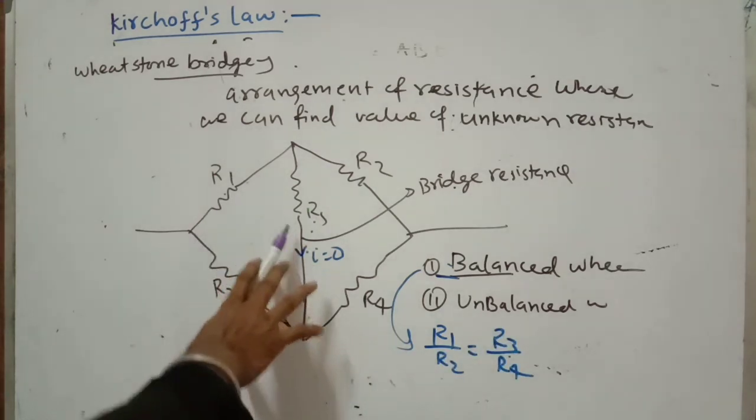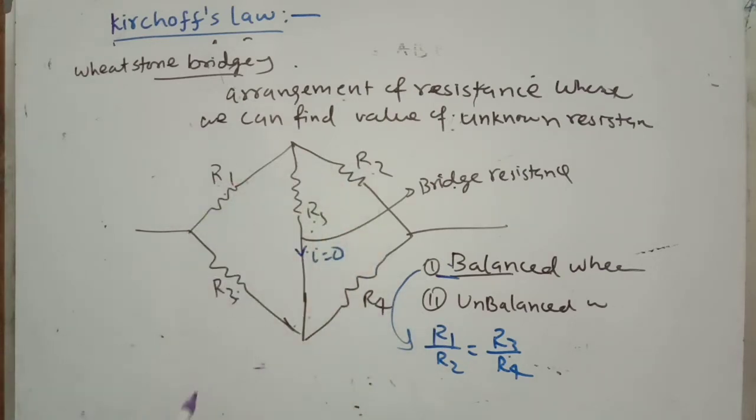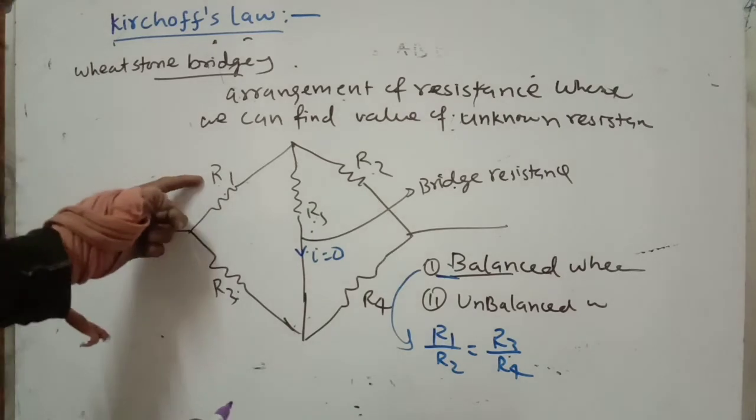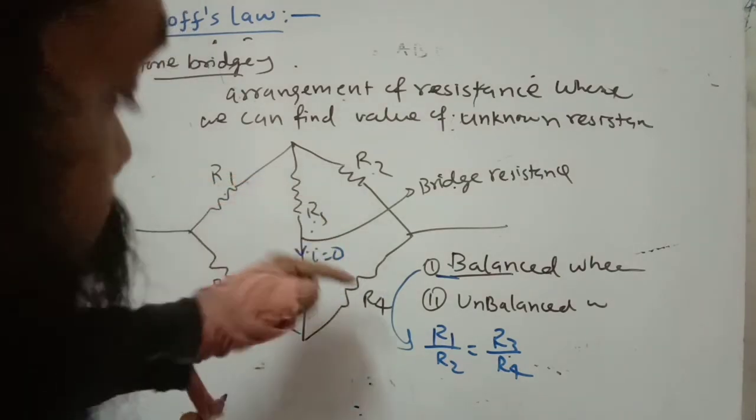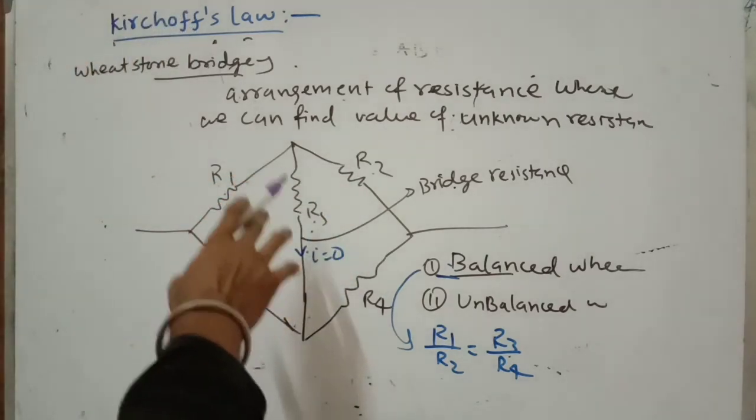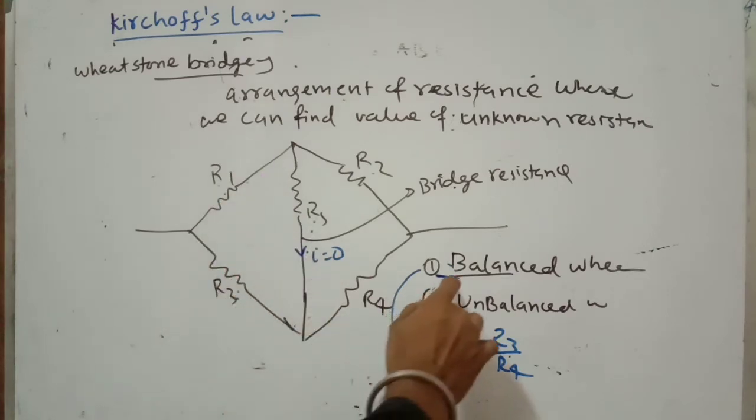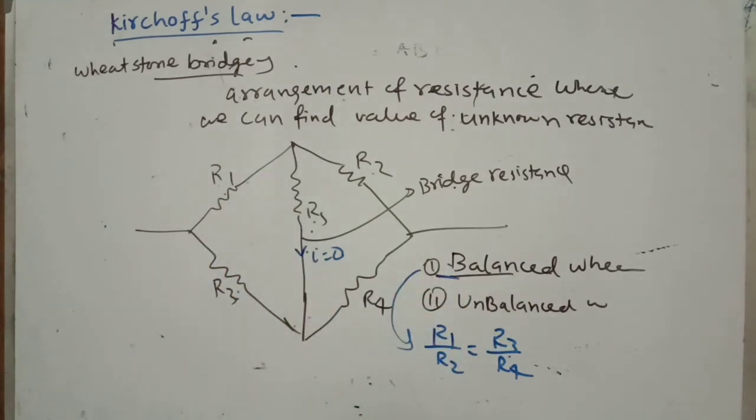In this arrangement, if R1 by R2 equals R3 by R4, or also R1 by R3 is equal to R2 by R4, then this Wheatstone bridge is called balanced Wheatstone bridge.